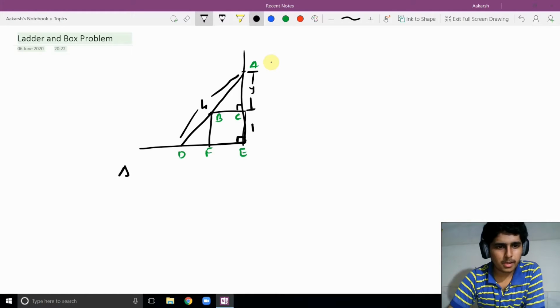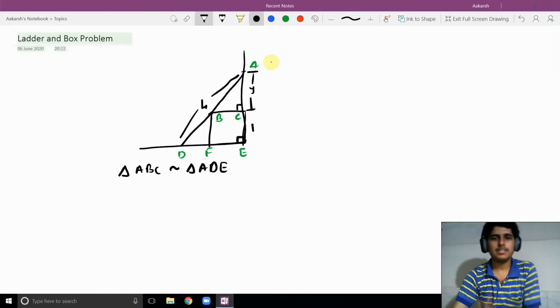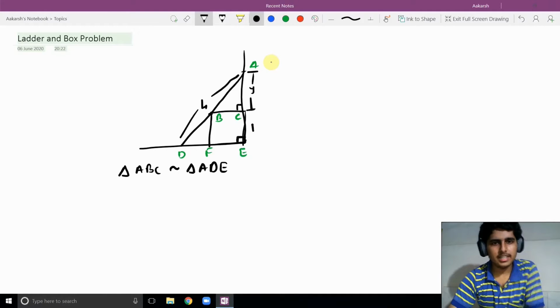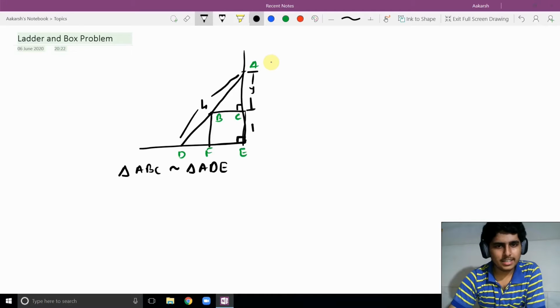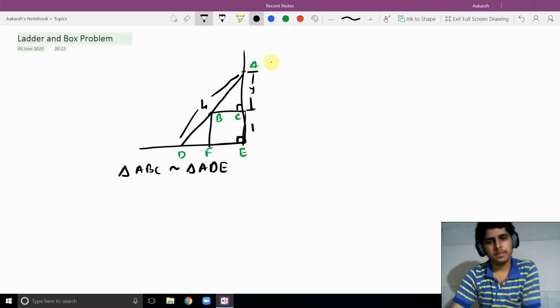So triangle ABC is similar to triangle ADE. This smaller triangle is similar to the larger triangle. Why is it similar? Because triangle ABC is just enlarged to make triangle ADE. If you extend the segment AB, you get AD, and if you extend AC, you get AE.